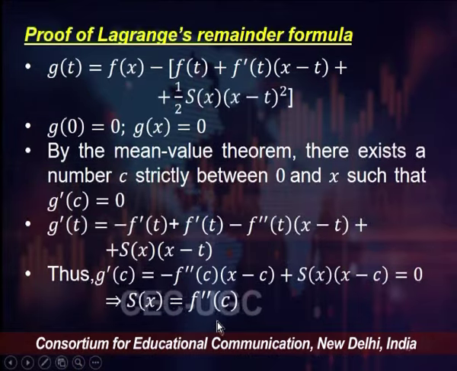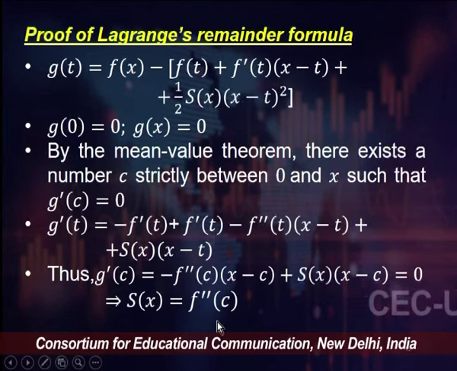Once you solve for s of x, you get nothing but f double prime at c. So this is the proof of Lagrange's remainder formula: the expression that we had left as an unknown in the functional form for f of x turns out to be f double prime at c, and then you get the remainder formula.